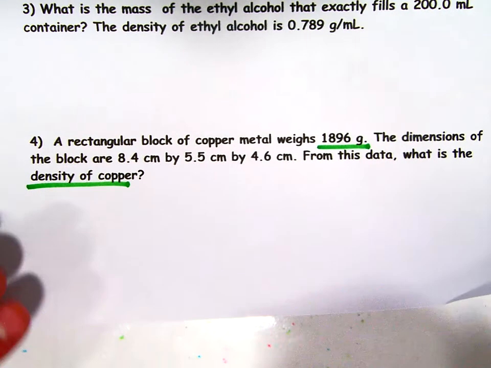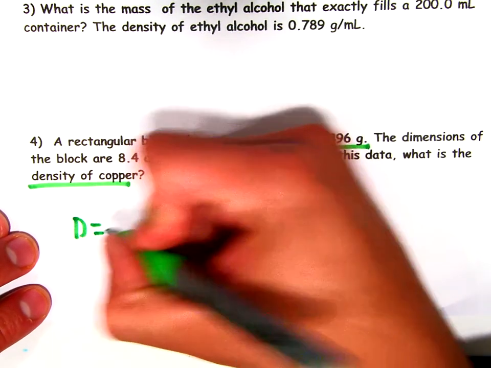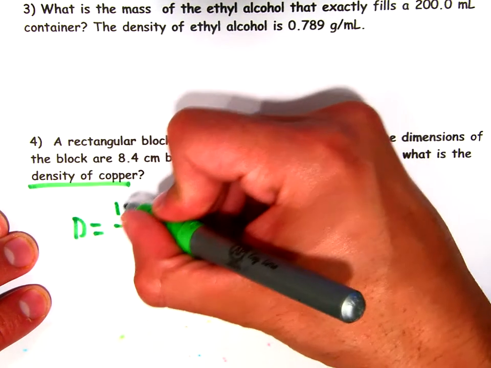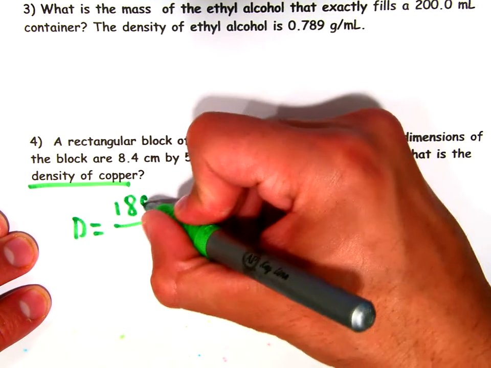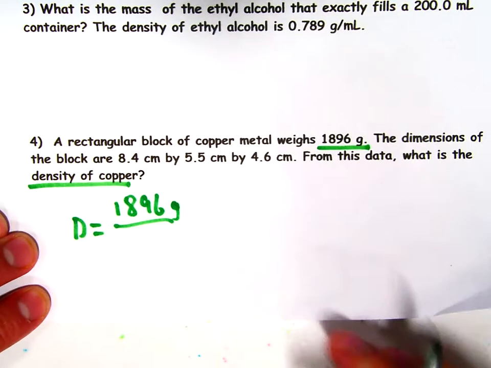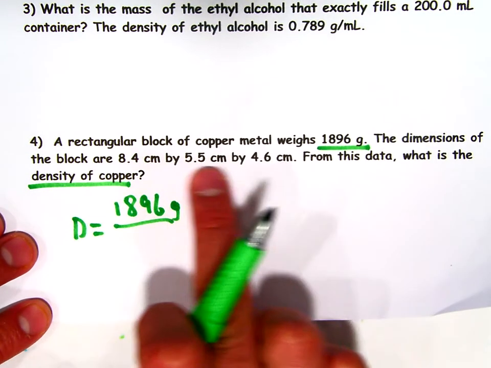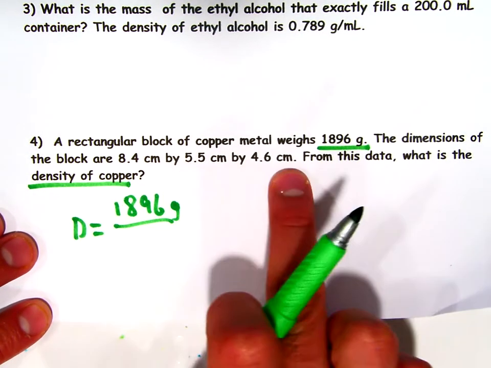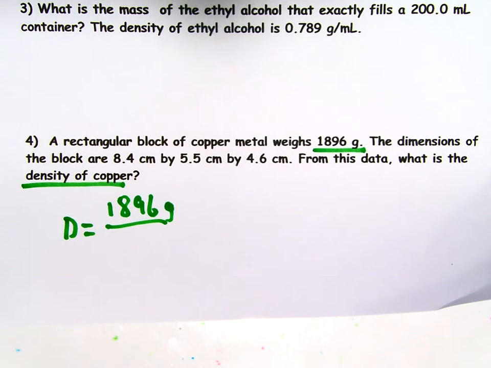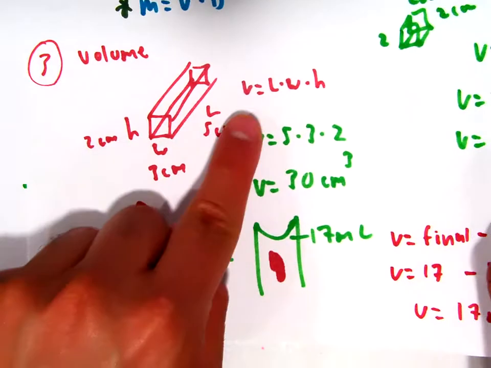So my density equals 1,896 grams. However, I don't know my volume, but I can figure it out because I've been given the dimensions of that object. I can find my volume by multiplying my length, my width, and my height.